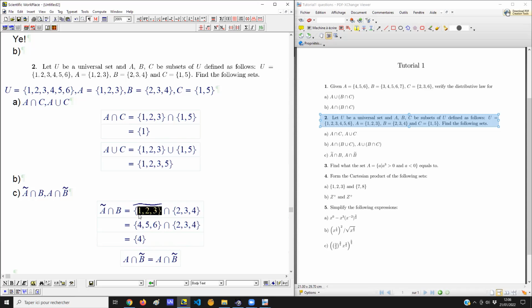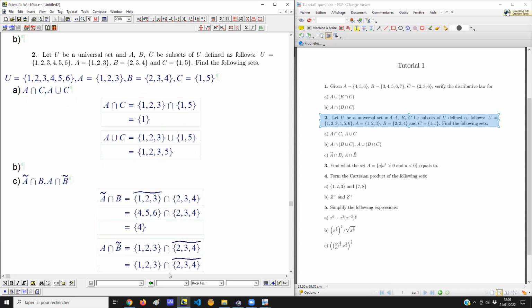So this is 1, 2, 3, and the complement of 2, 3, 4. So first of all, let's do this thing. 2, 3, 4. So the complement is 1, 5, 6.